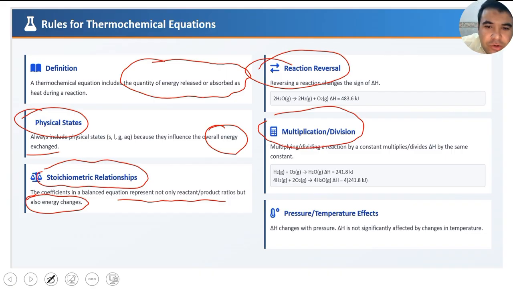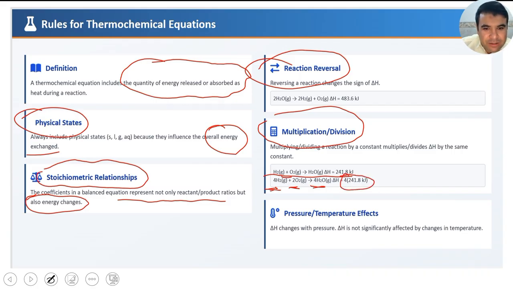So as you can see here in this reaction, the enthalpy change is 241.8 kilojoules. We multiply the reaction by 4, so the reaction enthalpy should be multiplied by 4 as well.